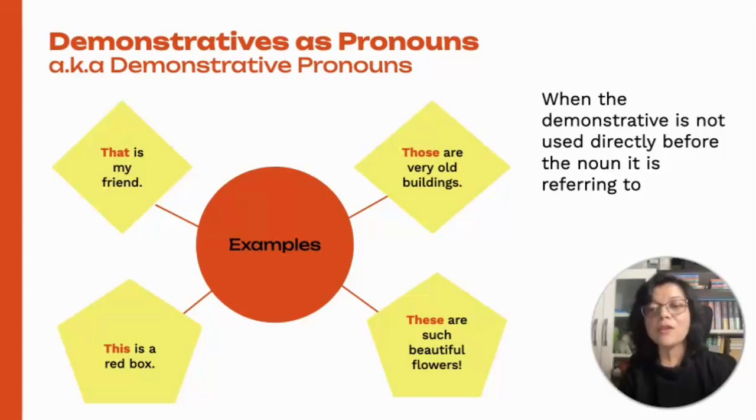Our last example on the screen is these are such beautiful flowers, where these is not used right before the noun flowers that it is referring to and therefore it is functioning as a demonstrative pronoun.